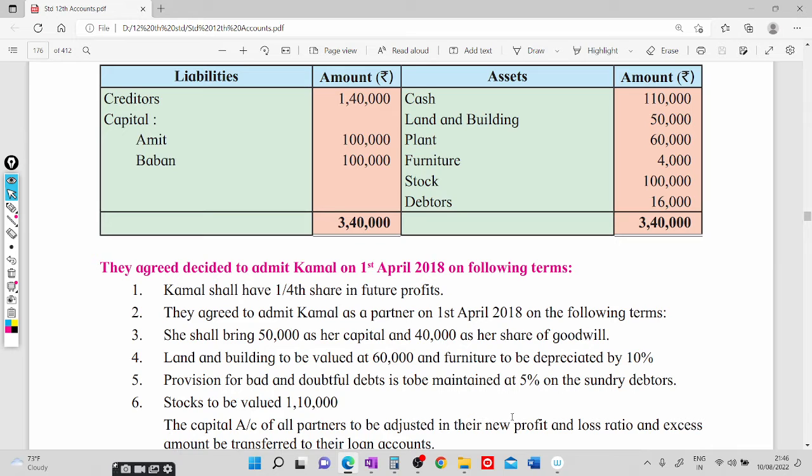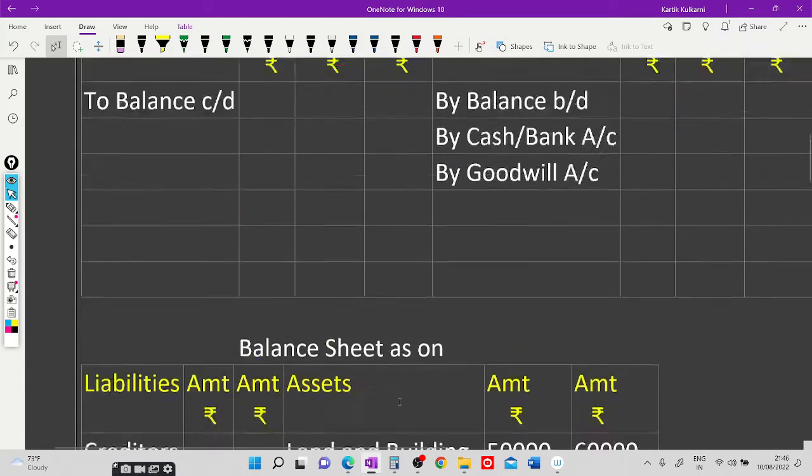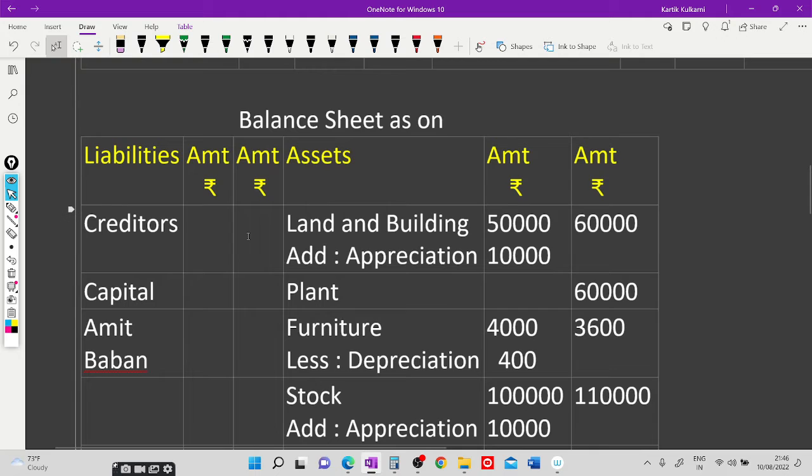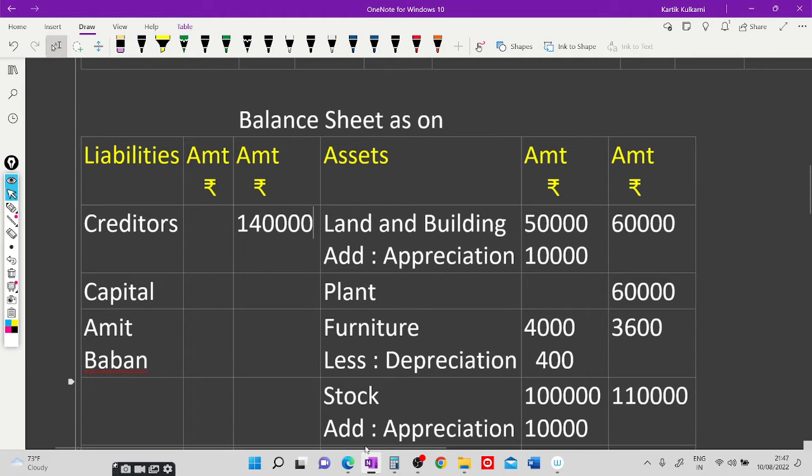Then on the liability side we can see there are creditors of 1,40,000. Again there is no change in the value of the creditors, so as it is we will write in the balance sheet, creditors on the outer column 1,40,000.